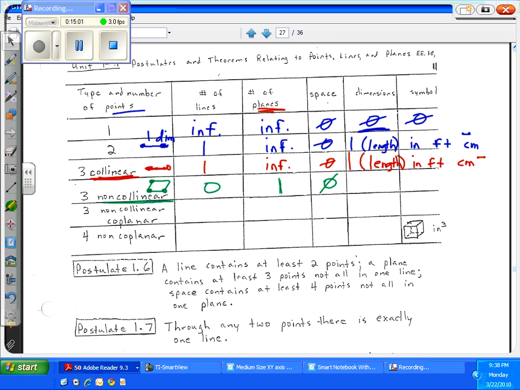If we actually join the 3 points, we'd get a triangle, but we're thinking about one flat surface that would hit all three. Notice that it has two dimensions, length and width. So now we have a two-dimensional object.